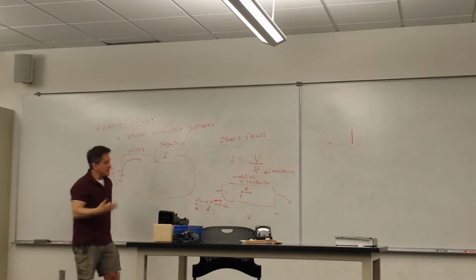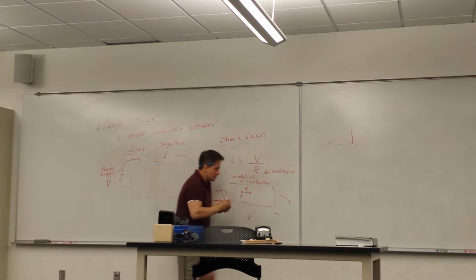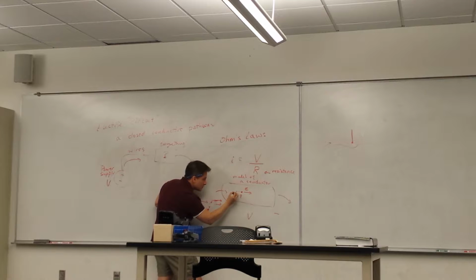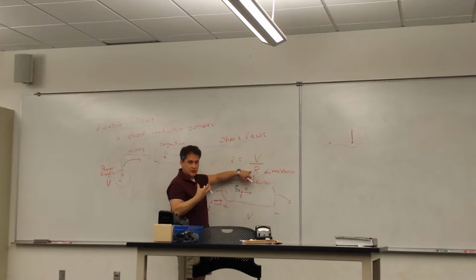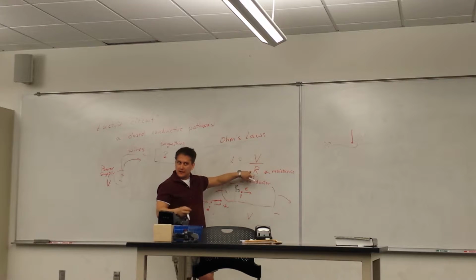There's a lot of other factors, but ultimately, you've got a drag interaction that pushes in the opposite direction. So there's some kind of drag force. And the resistance is related to the manifestation of this drag force per unit charge over time.